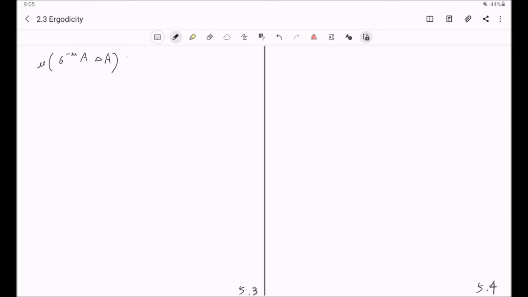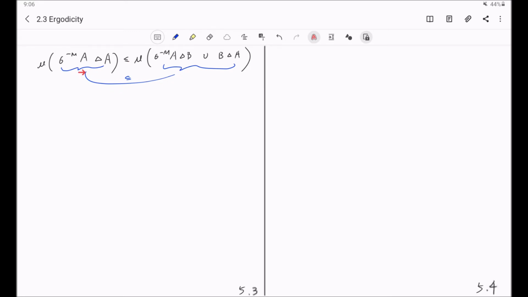So this guy is less than or equal to the measure of sigma inverse A, sigma negative m applied to A, symmetric difference with B, union B symmetric difference with A. Actually, this part is contained in this part. That is why we have this inequality.